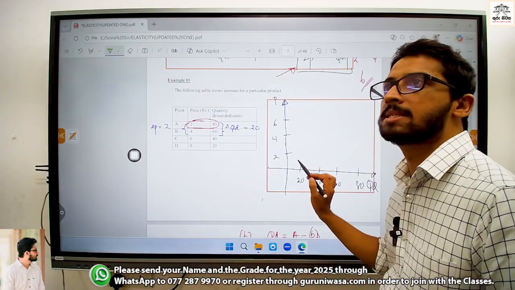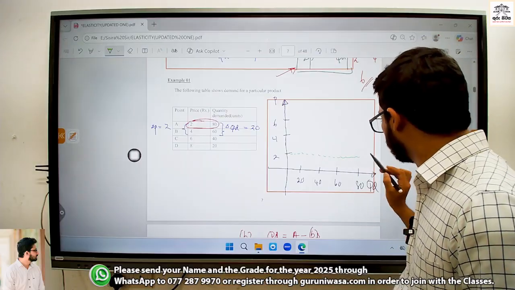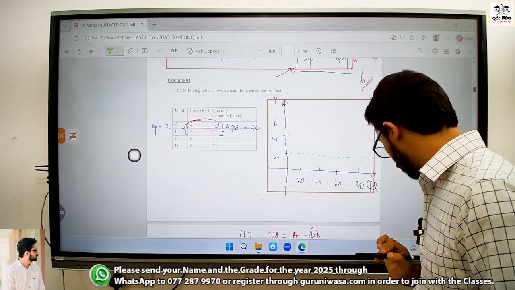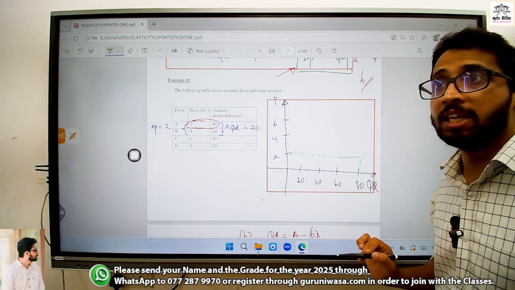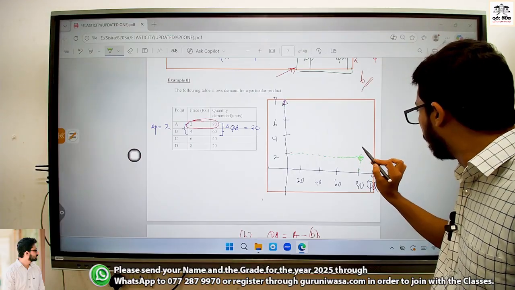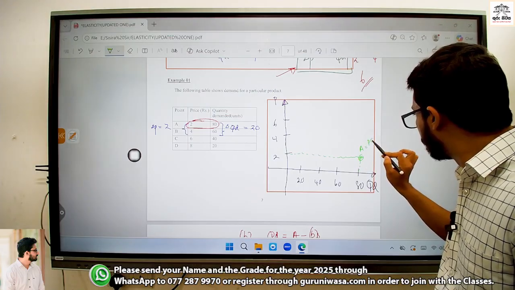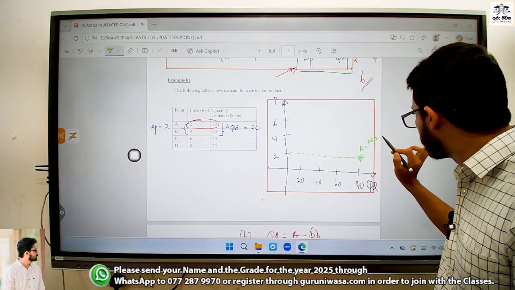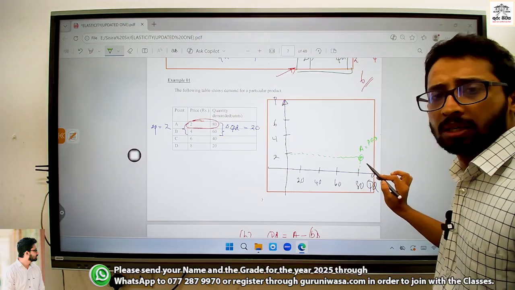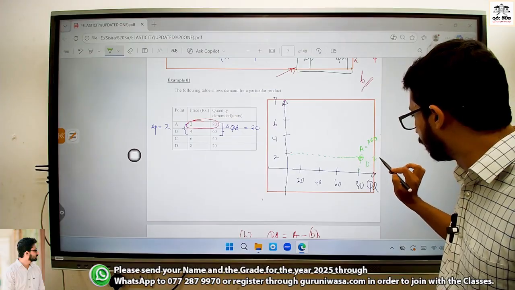At price 2 demand is 80. I want you to show the PED value at this point. At point A, PED value, how much? 0.25.